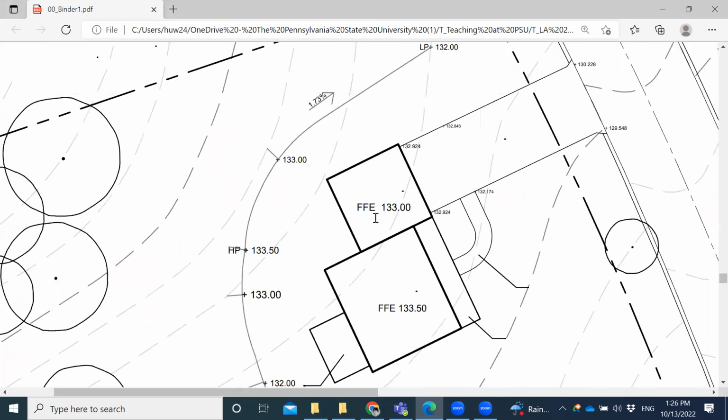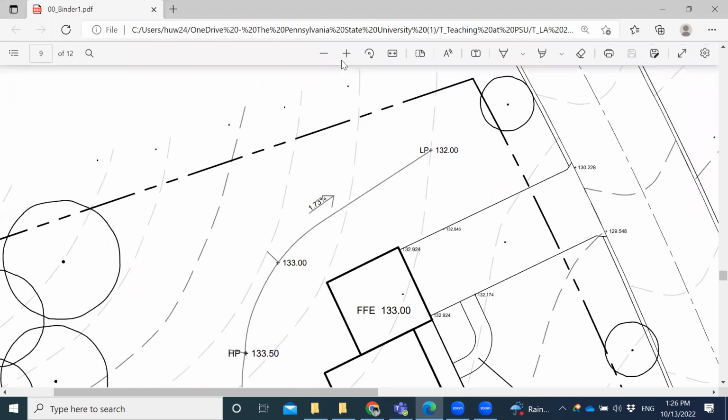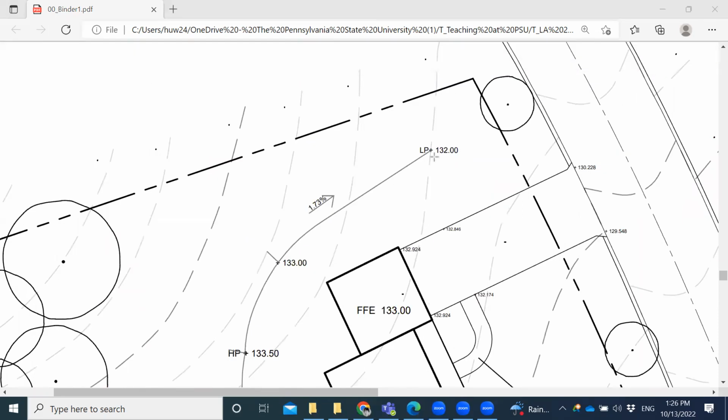Yeah, here the FFP is too low. I think you probably used 5% for the calculation for the driveway. Your HP has to be even higher than this one. What you could adjust is you can move your LP below, so your LP becomes 131.50. That way you raise your vertical difference. You only slightly lengthen your centerline, which should still help you to increase the slope over here.